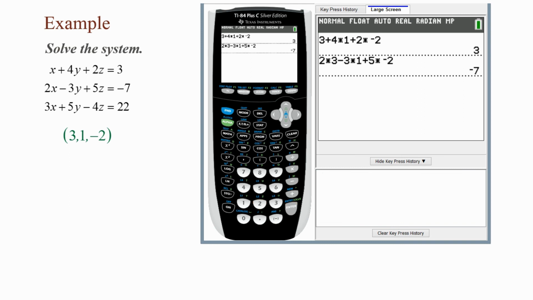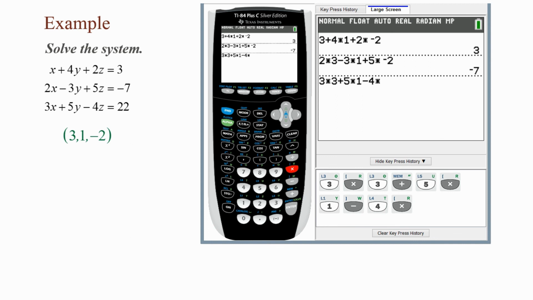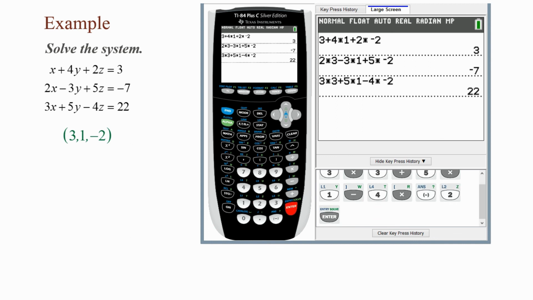For the last equation, 3x plus 5y minus 4z equals 22. 3 times x, which is 3, plus 5 times y, which is 1, minus 4 times z, which is negative 2. And that should equal 22. So my ordered triple of 3, 1, negative 2 is the correct solution for this system of equations.